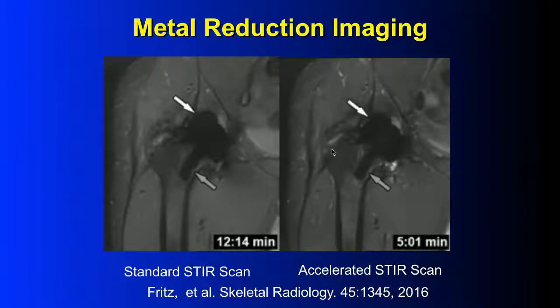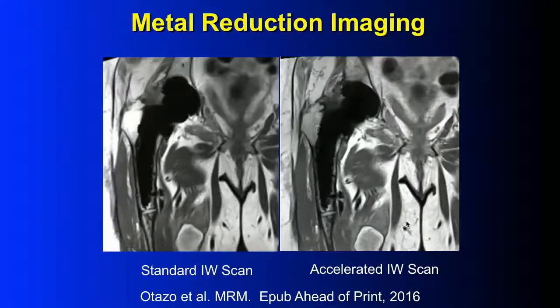In this case, a standard STIR scan here and an accelerated STIR scan here, which is less than half the scan time using compressed sensing. And here, intermediate weighted scans with MAVRIC technique, standard, and with the accelerated method here, looking at a total hip replacement.